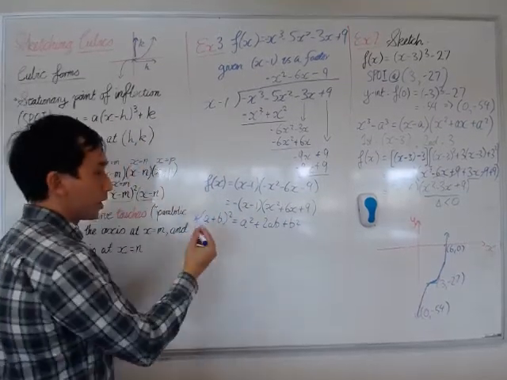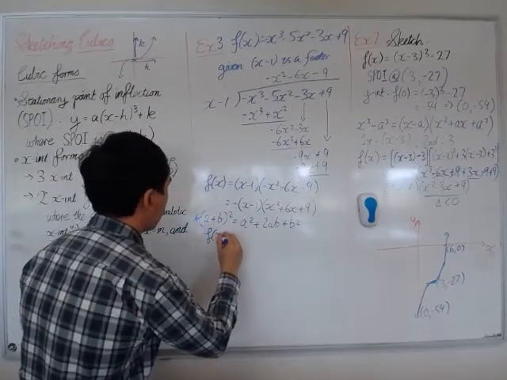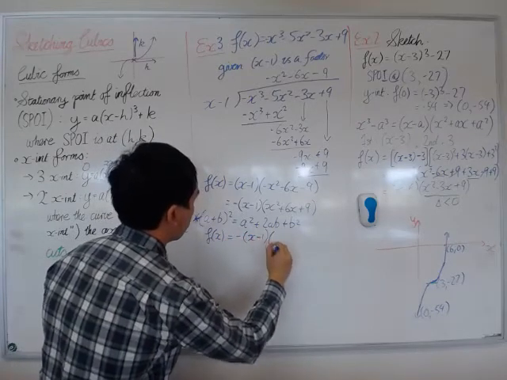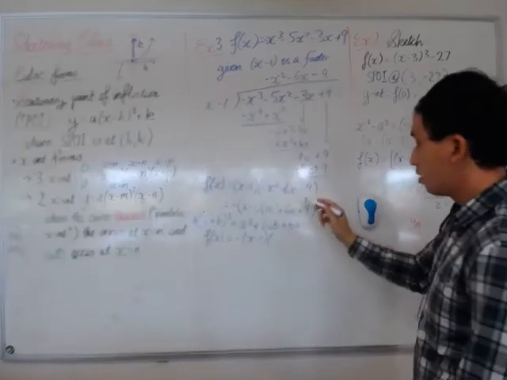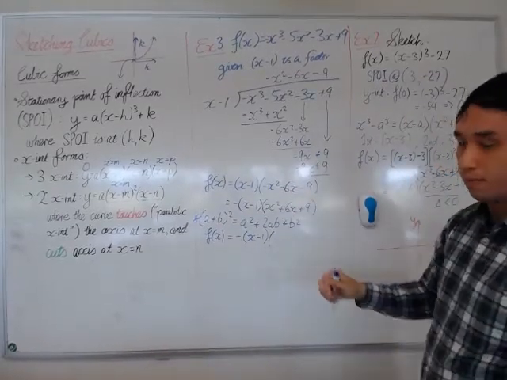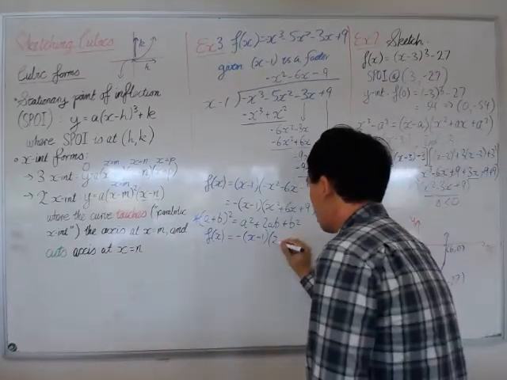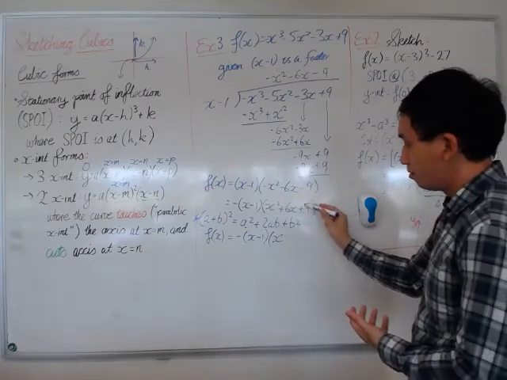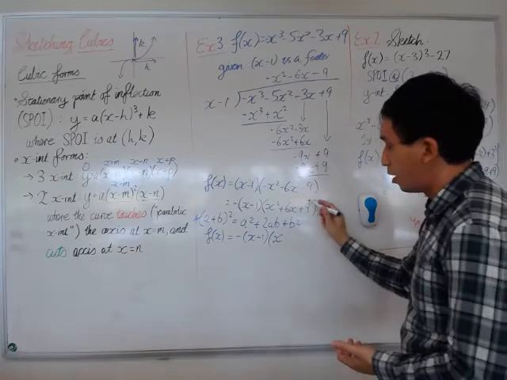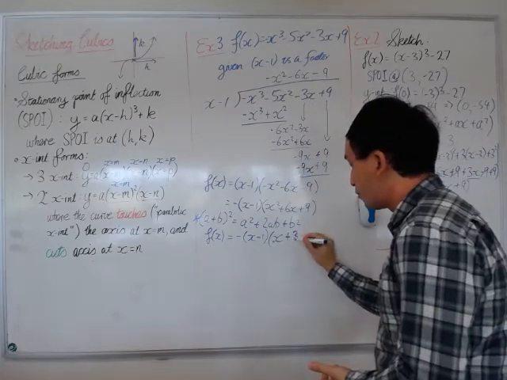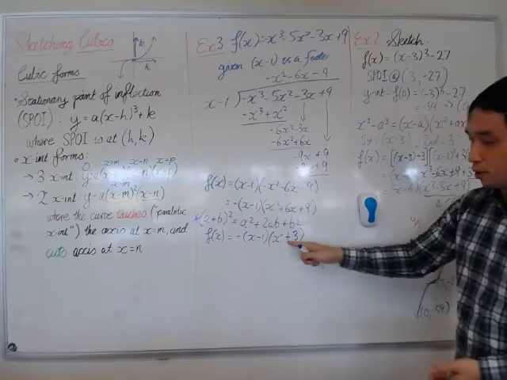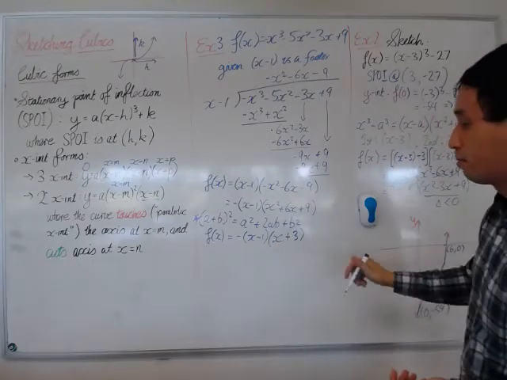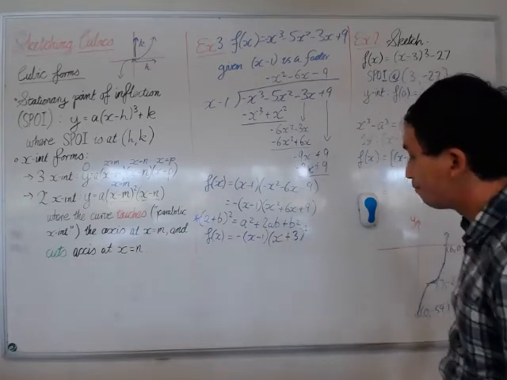So really, f of x over here is equal to negative x minus 1. And looking over here, our first term is x. x plus what? Well, it's the square root of 9, which is 3. And if you multiply these two together and double it, you get 6x. So this works out. Square.